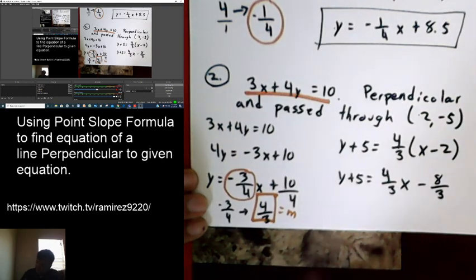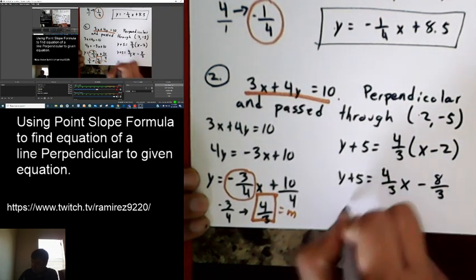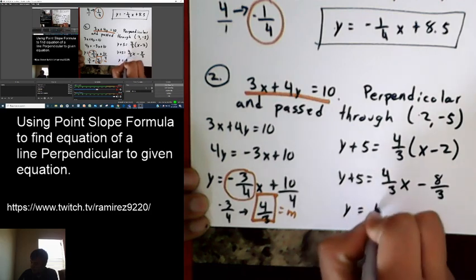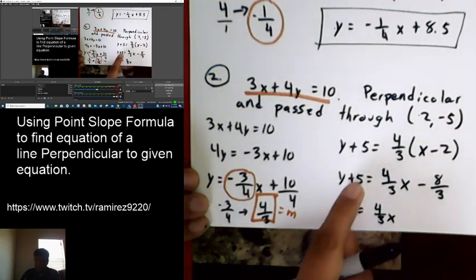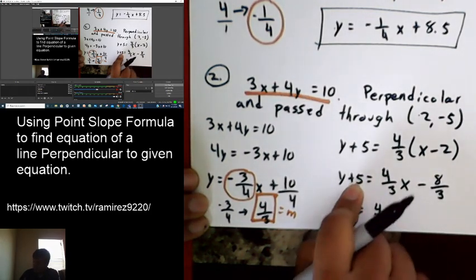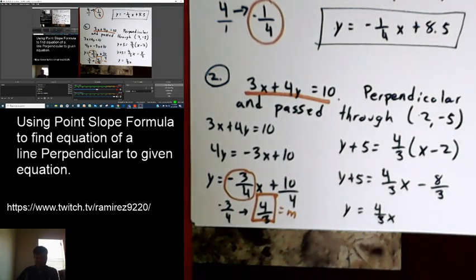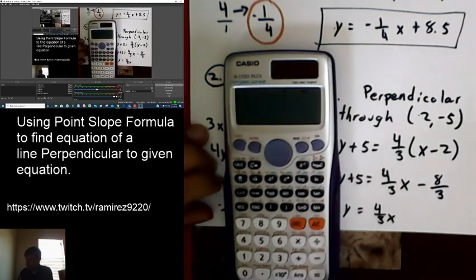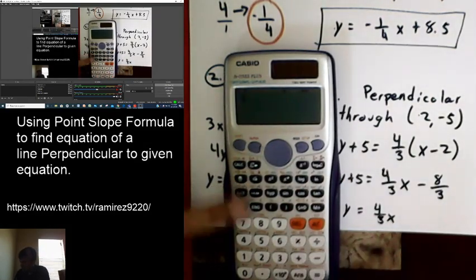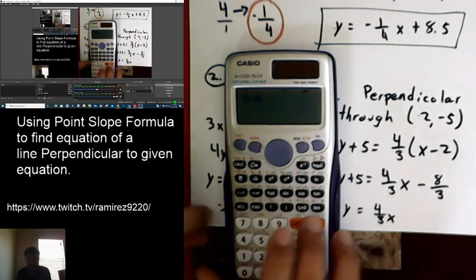All right, so when you subtract 5 from both sides, if I was to make this into a fraction, I would have a 15, so that would be a 15 plus 8 over 3. Again, we have a negative 8 over 3.